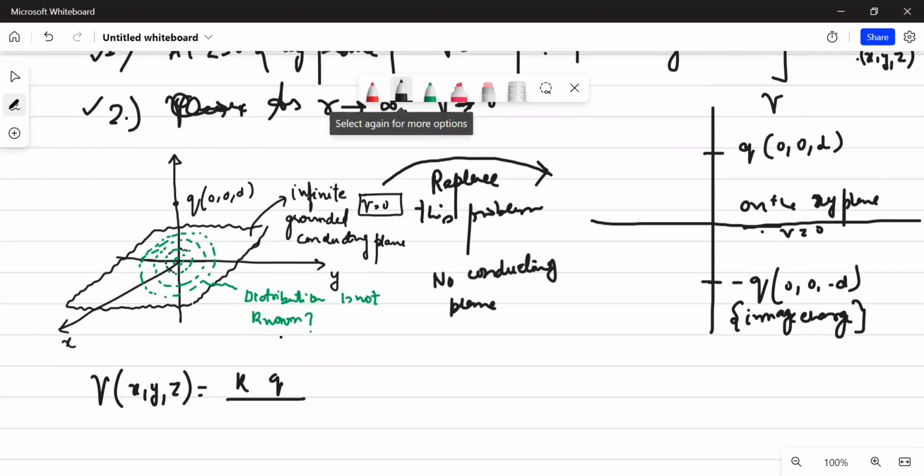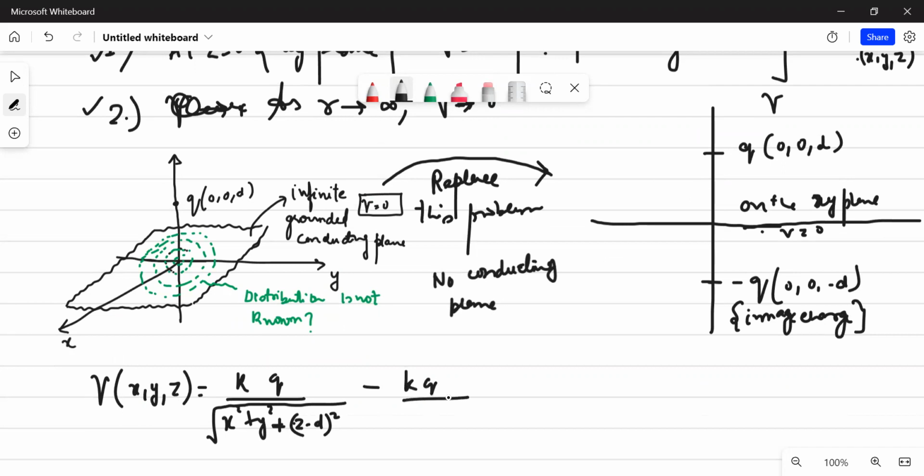It would be kq upon the square root of x square plus y square plus (z minus d) whole square. And similarly, I can write minus kq upon the square root of x square plus y square plus (z plus d) whole square.